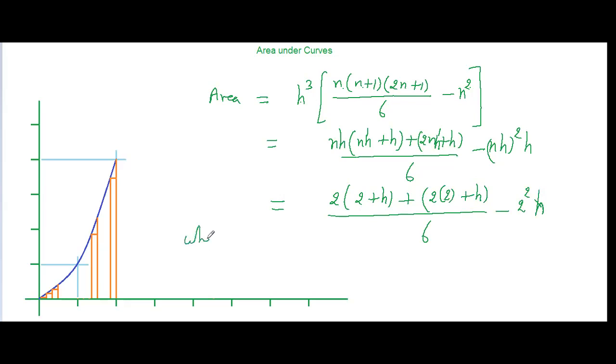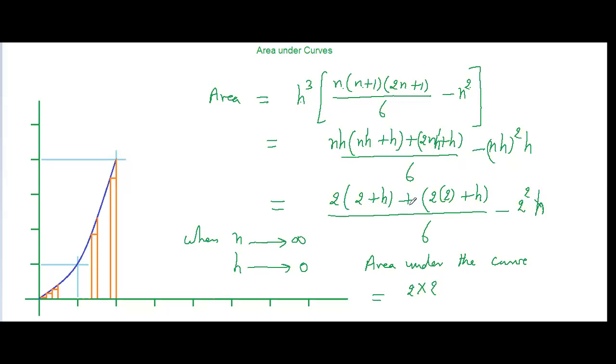Now when the number of rectangles is made infinitely large, the width of each rectangle will become 0. Then the area under the curve is exactly found. Area under the curve is equal to 2 into this, h will become 0, 2 into 2.